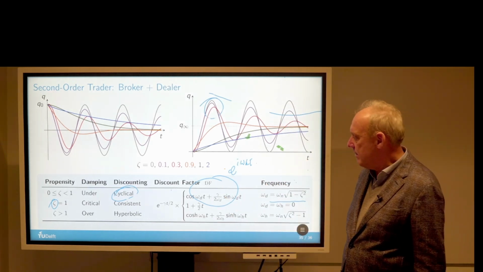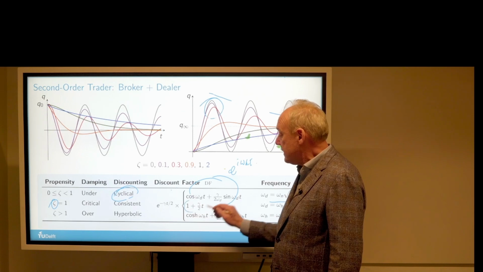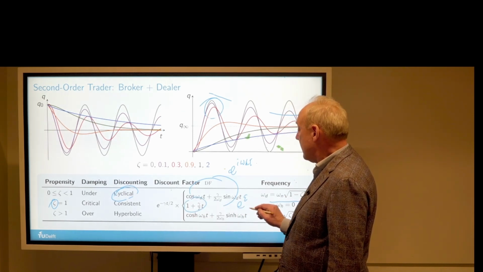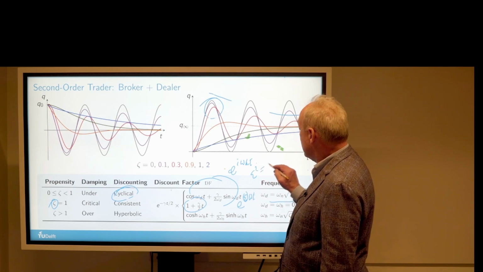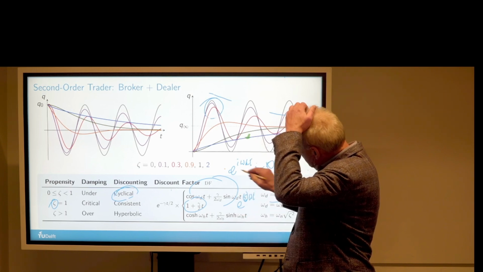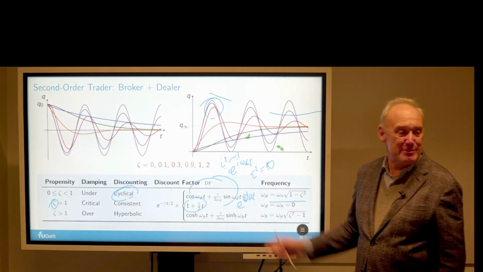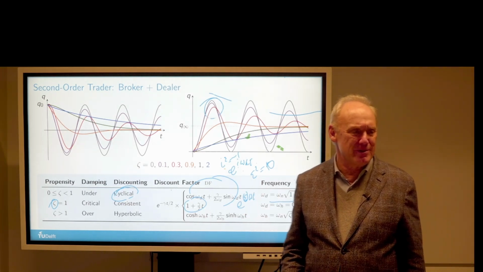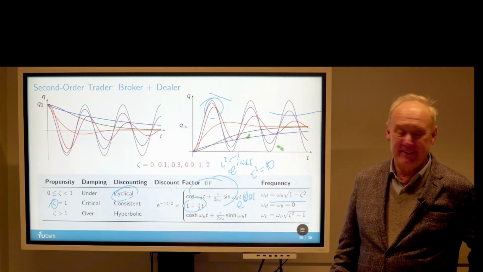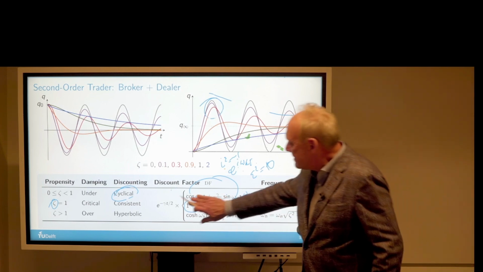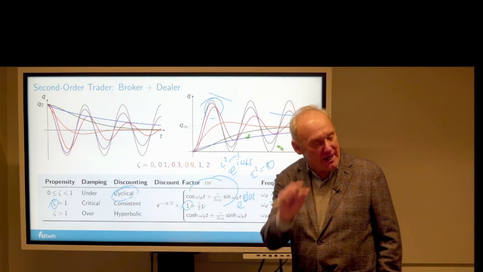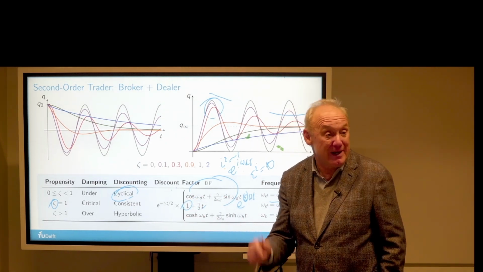Some mixture. You can even write this one as an exponential. It's e to the epsilon omega t, where epsilon is a number that if you square it, you get 0. This i, if you square it, you get -1, right? And this epsilon is a number, if you square it, you get 0. It's called a dual number. Kind of interesting. And then you can see that this is sort of a cosine of an epsilon displacement, which is 1, right?